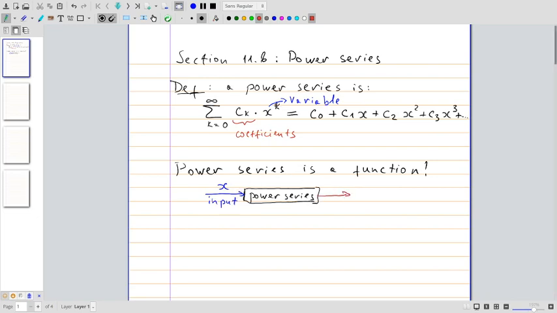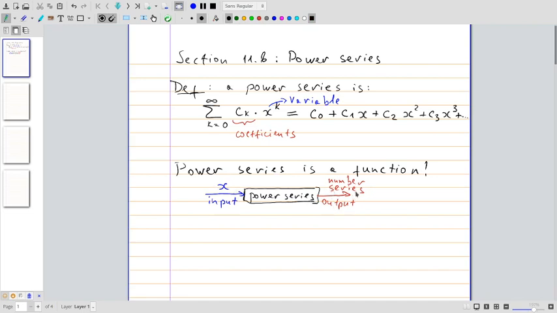So the output of a power series is this expression with x replaced by the input. So let's say x is equal to 10. Well, then you write down the infinite sum with every x replaced by 10. That will be your output. It is a number series.